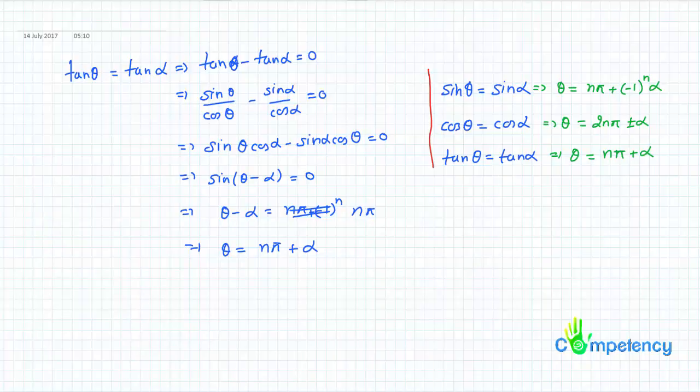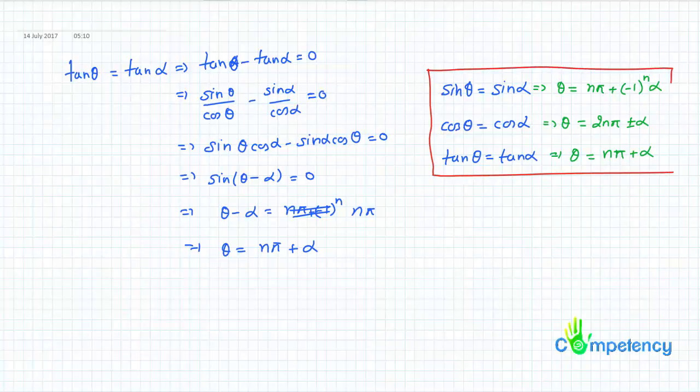So these are the three basic theorems which we should know in order to find general solutions of trigonometric equations. Thank you.